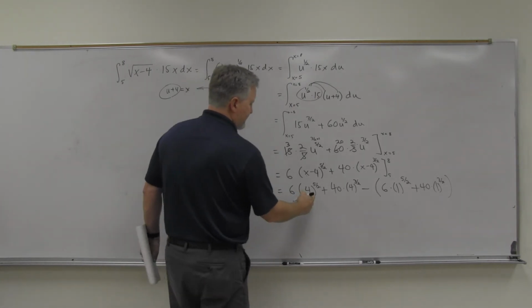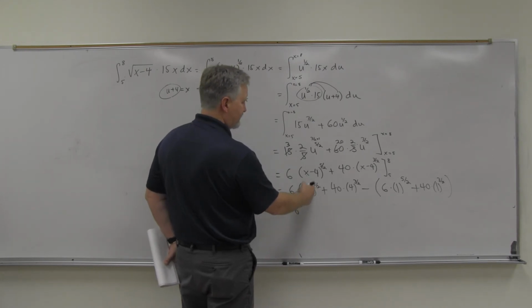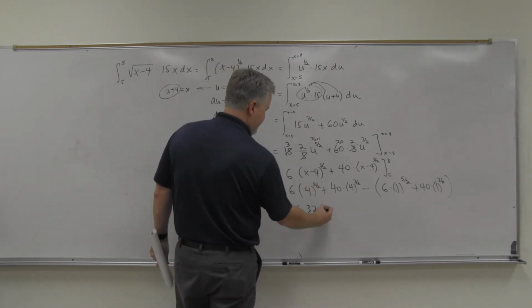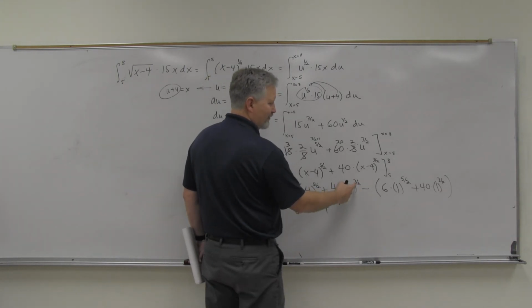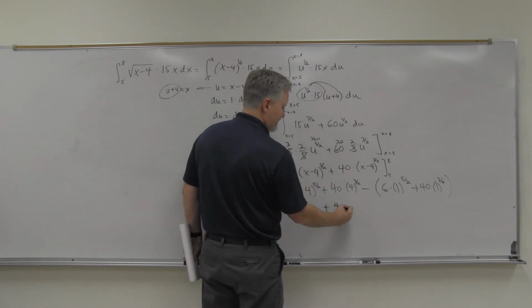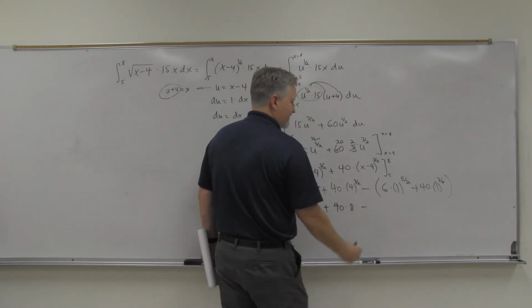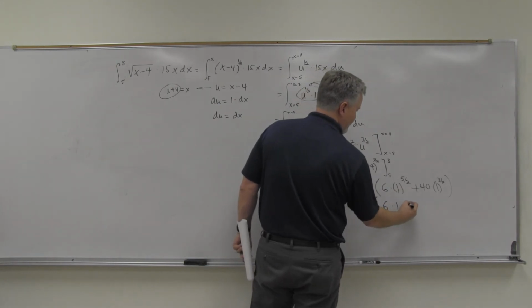Well, 4 to the 5/2 is the square root of 4 to the 5th. Square root of 4 is 2. 2 to the 5th is 32. Plug in your calculator if you want. That would be the square root of 4 cubed. Square root of 4 is 2. 2 cubed is 8, so that would be 40 times 8. And of course, 1 to anything is still 1.